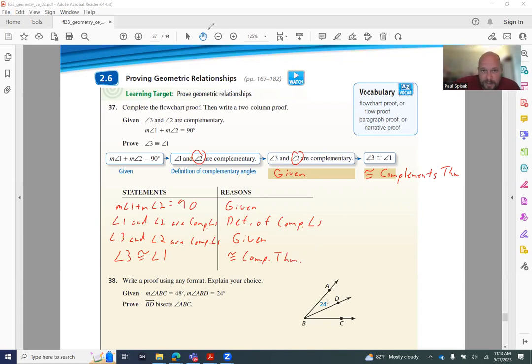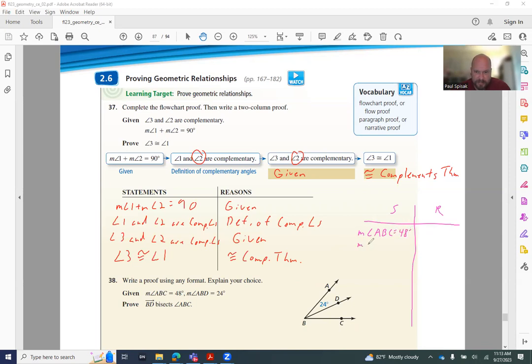All right. The next one, let's change the color, and I'm going to do it off to the side there. Write a proof using any format. So again, I'm going to go with my 2 column. Statements, reasons. They gave us some information. So we said measure of angle ABC equals 48 degrees.